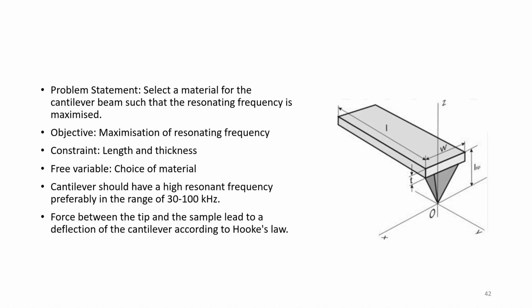And force between the tip and the sample leads to a deflection of the cantilever according to Hooke's law. In this beam the length is L, thickness is T, W is width, and this is the tip, whose length is counted from here to here, L tip.